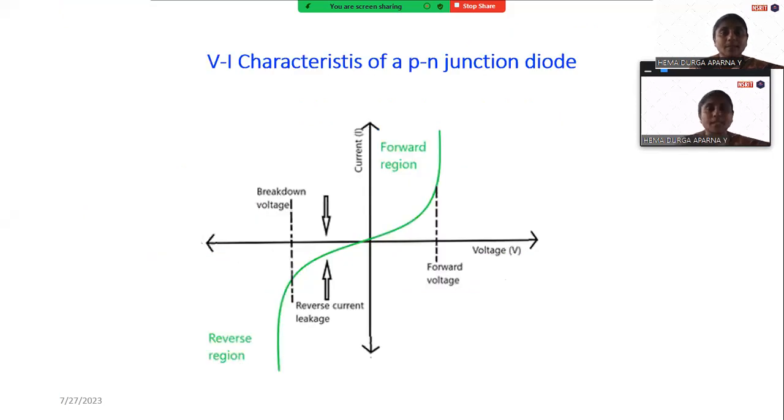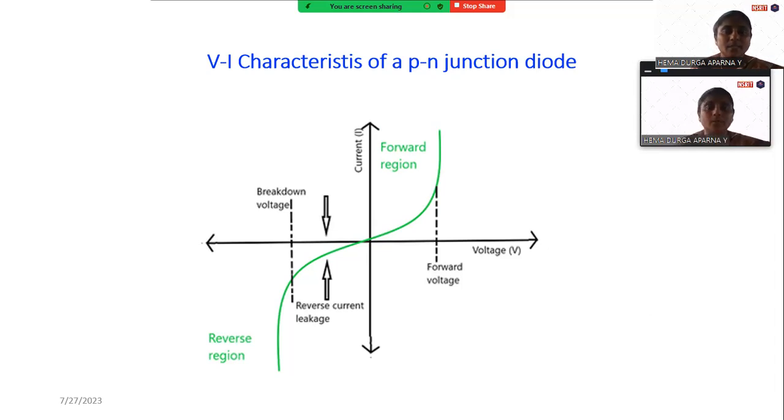This is the graphical representation of voltage and current variations through a PN junction diode. If you keenly observe the diagram, as these are VI characteristics, according to the concept given to you, voltage is considered on the x-axis and current on the y-axis.